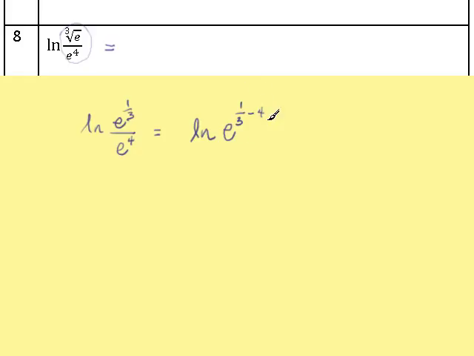All right, let's just do this. This is ln e to the 1/3 minus 4 over 1, which is the same as 12 over 3. So this is ln e to the negative 11 over 3. And so this expression is equal to minus 11 over 3.